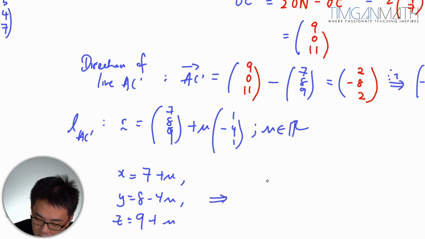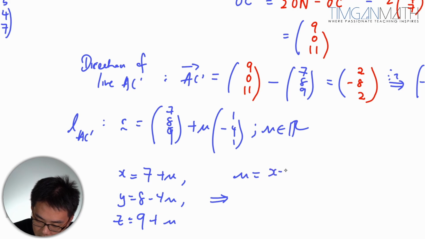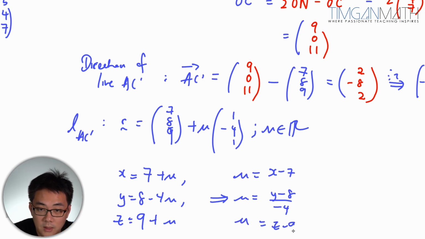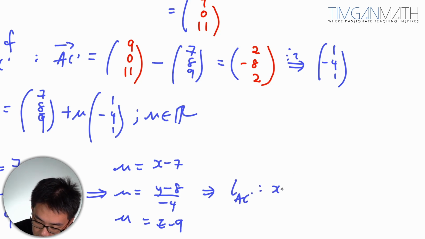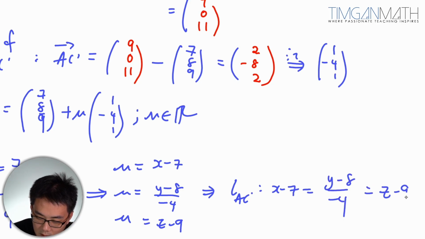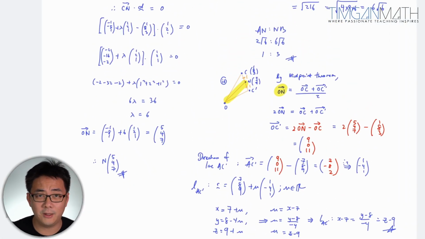So this whole thing will be x minus 7 equals mu, y minus 8 over minus 4 equals mu, and z minus 9 equals mu. Hence the line equation is x minus 7 equals y minus 8 over minus 4 equals z minus 9. There you go. That's how you do this question proficiently. Any question at all, please let us know, and I'll see you in the next question.